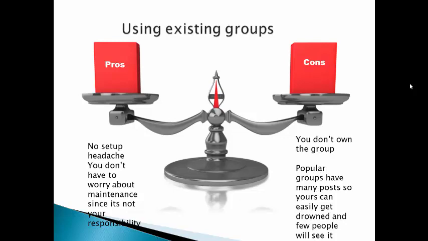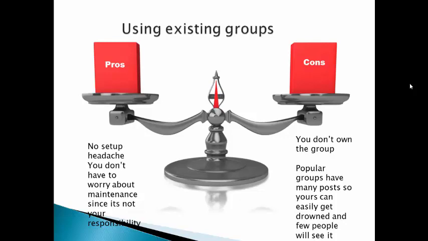Two, popular groups have so many posts. So the post that you create about your advert can easily get drowned and very few people will see it. You saw from the previous screencast that I was doing, you can see that group which I recommended, the one about farming. Just go through it and you'll see. Try to post something after you join. You'll see that within a short time, there will be a few more new posts above yours.